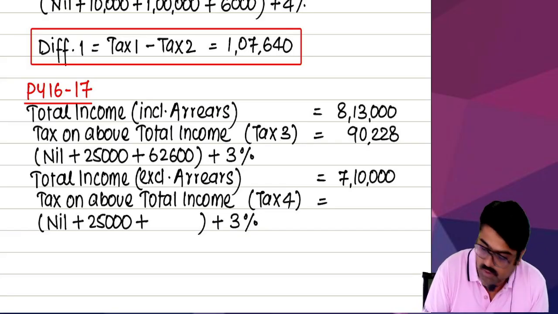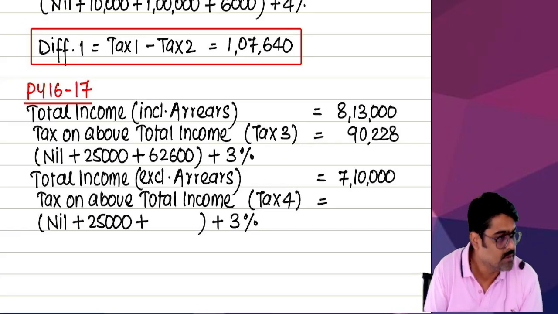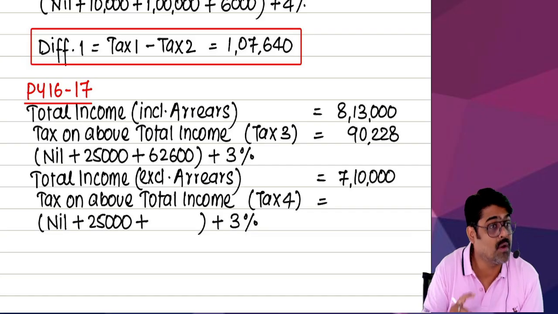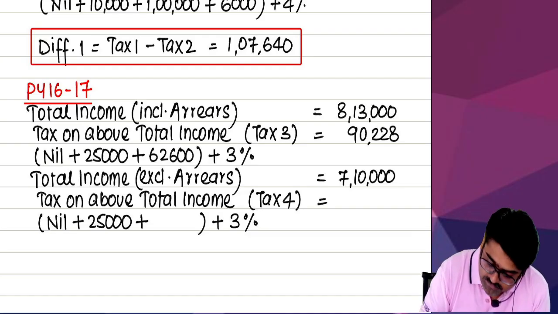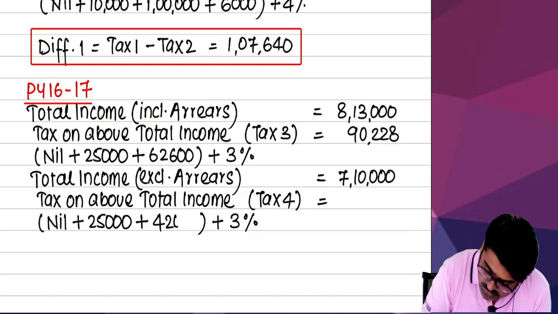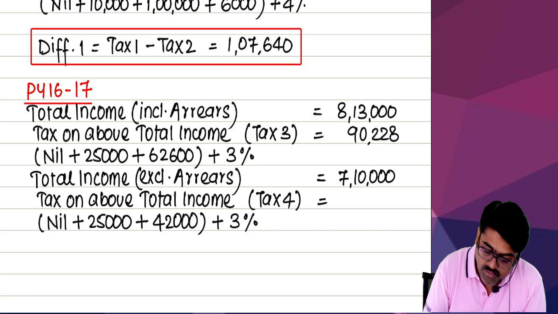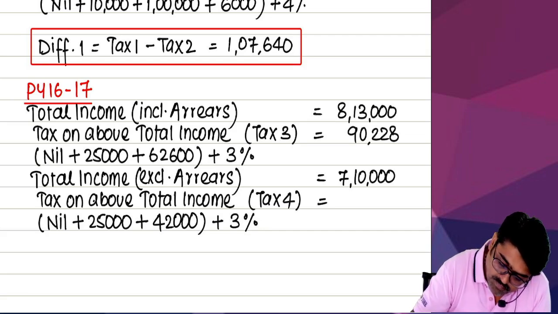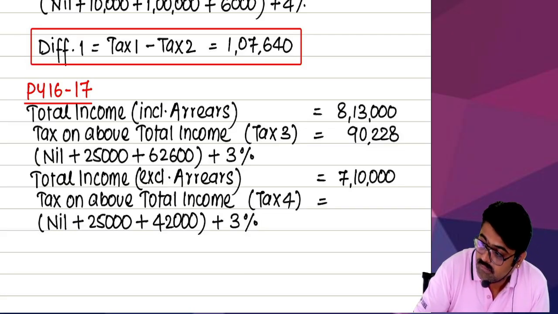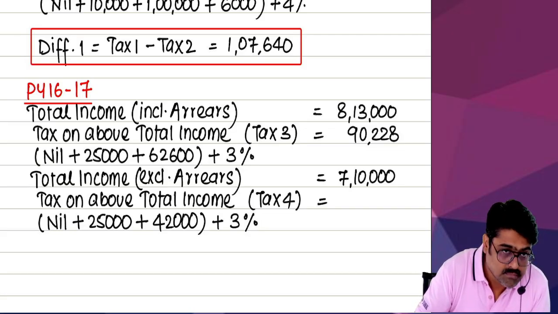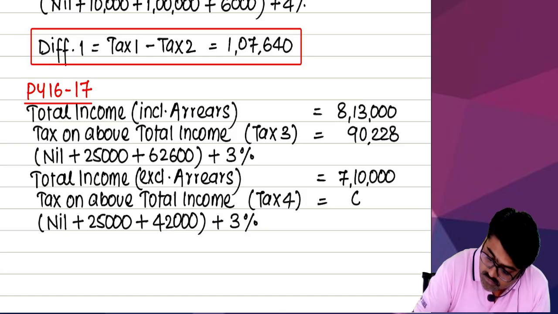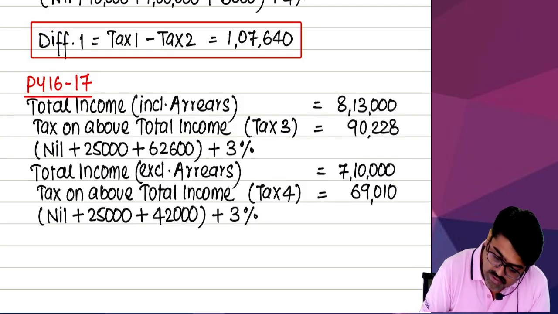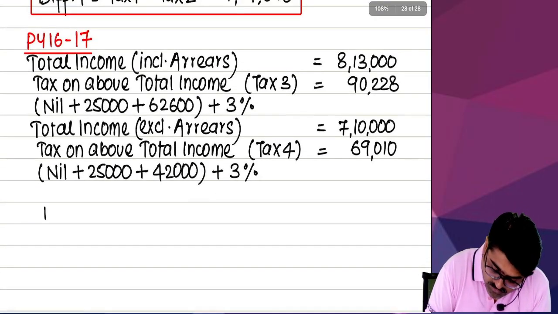So first 2,50,000 no tax, then 25,000, and on balance 2,10,000 I will apply 20%, and that will be 42,000. 42 plus 25, 67 plus 3%, 69,010. Everyone got this?